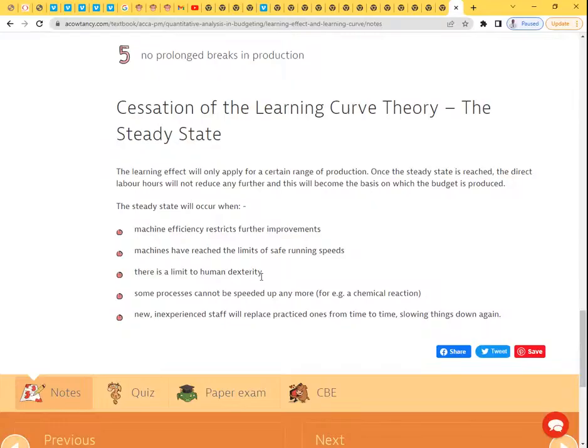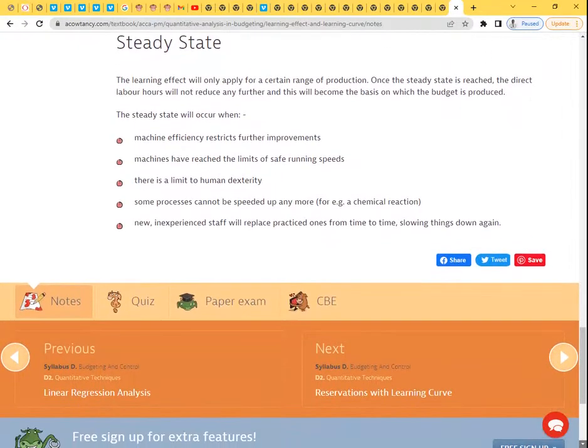When you are producing things manually, there is a maximum you can go to, right? So you can call this a limitation: employees cannot produce beyond a certain extent. Some processes cannot be speeded up anymore, e.g. chemical reaction. New inexperienced staff will replace practiced ones from time to time, slowing things down, very important.